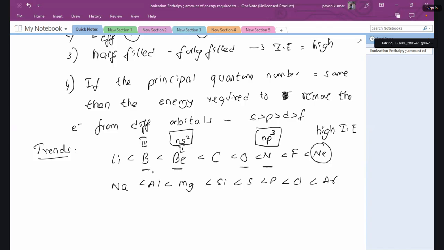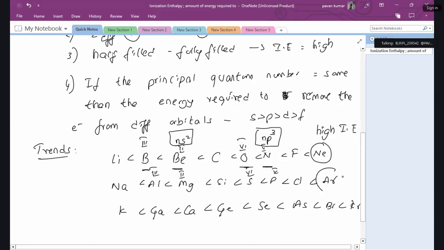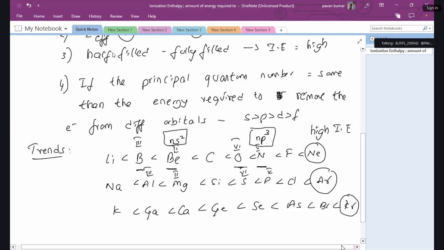Here also same phenomenon, this is sixth group and this is fifth group. Now coming to the next period, the fourth period: potassium less than gallium less than calcium less than germanium less than selenium less than arsenic less than bromine less than krypton.